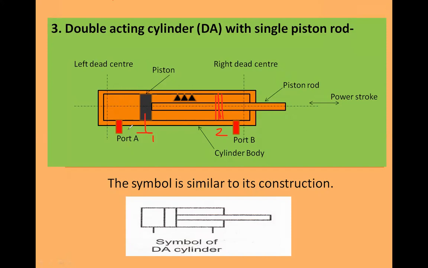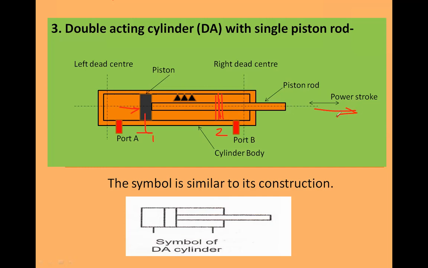You can call it cut on and cut off, like our light on and off. That means fluid will not come inside your cylinder. So once again, after exerting force on this surface, the piston will come to position number 2, that means your piston rod will move toward this direction.